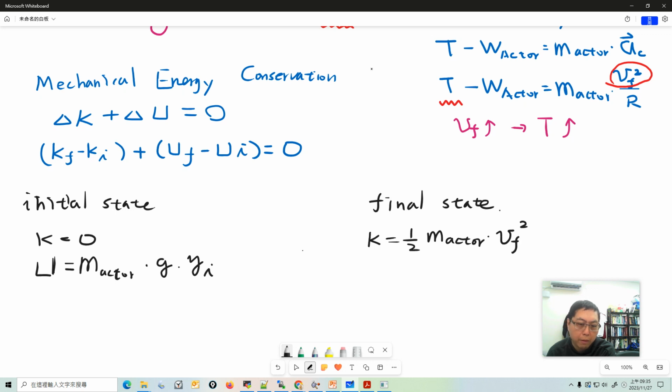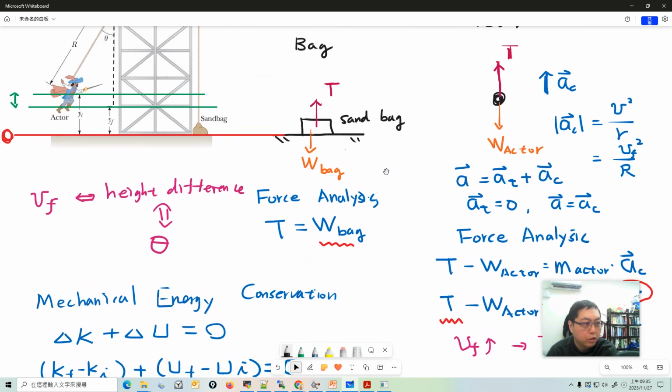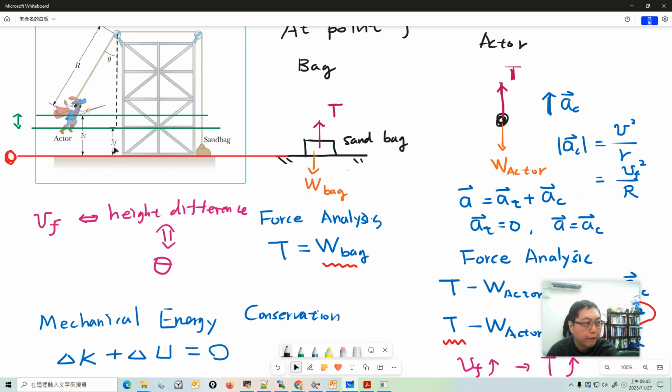Do I know anything about Vf? No, right now I don't know. And what's the potential energy at the final state? It's m actor times g times yf, because the position has changed.